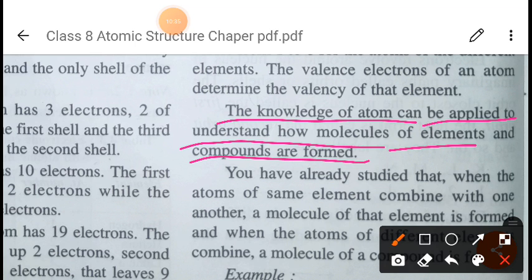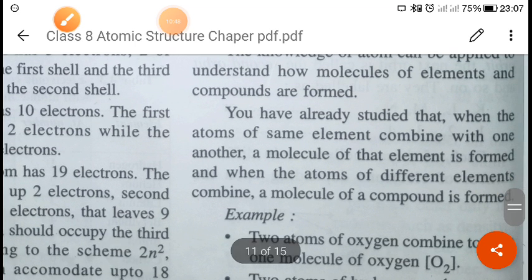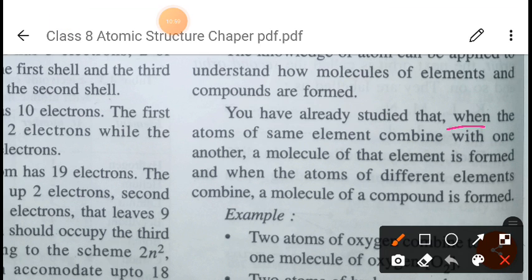As we have already studied, when atoms of the same element combine with one another, a molecule of that element is formed, right?